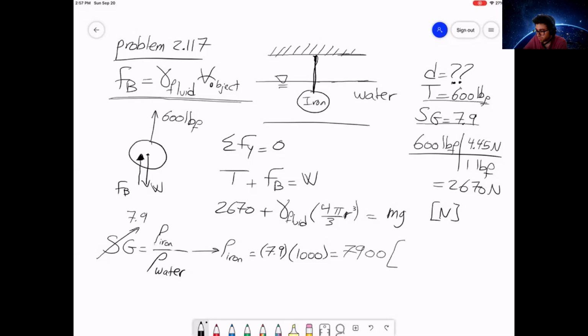Remember, we need something with Newton. So this one is 7,900. Should be what? Mass over volume for density: kilogram per meter cubed. That's the unit for density.